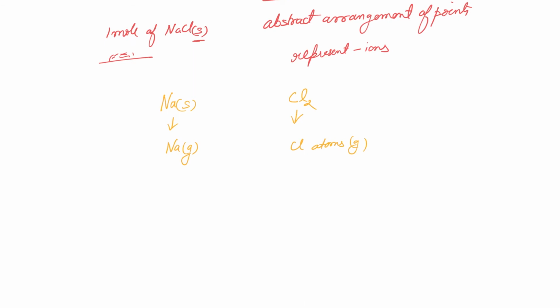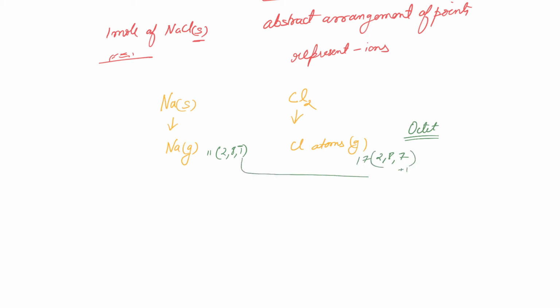Now remember, all atoms have a tendency to fulfill their octet because it's very stable. So sodium, which is 11, that is 2 8 1, wants to lose this extra 1 electron, whereas chlorine, which is 2 8 7 because it's 17, wants 1.